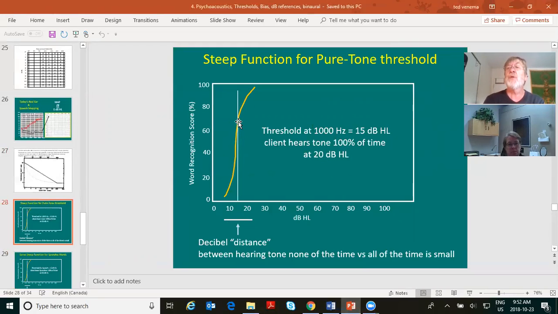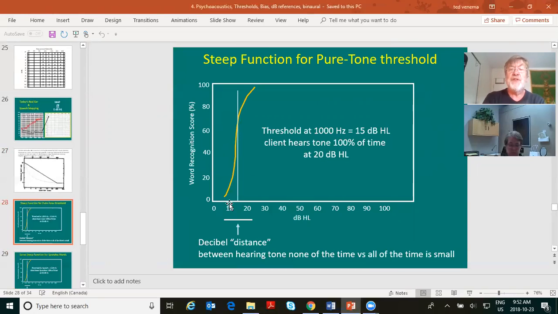Okay, again, I will repeat, if your threshold is, for example, 15 dB HL, if I present the tone at 15 dB HL, most of the time you're going to say yes. In other words, when I descend until you don't hear it and ascend until you do hear it, usually you're going to hear it at 15, if your threshold is 15. Okay? Not always. There may be a time when you swallow or something, and for some reason you don't, but usually you do.